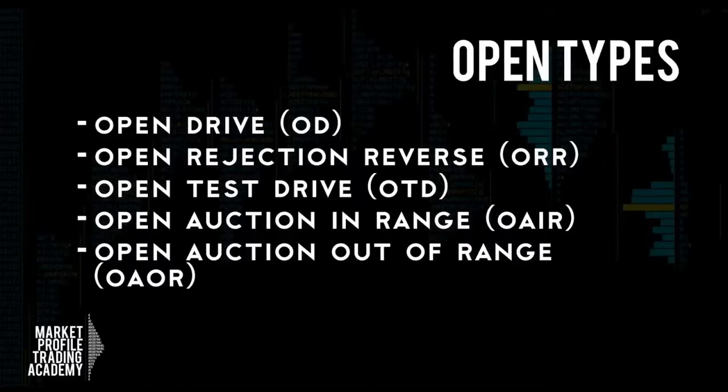Now, in terms of what you're most likely to see, you're most often likely to see an open auction in range or an open auction outside of range. You will see those more than any other type. After that, you're most likely to see an open drive, then an open test drive, and finally an open rejection reverse.